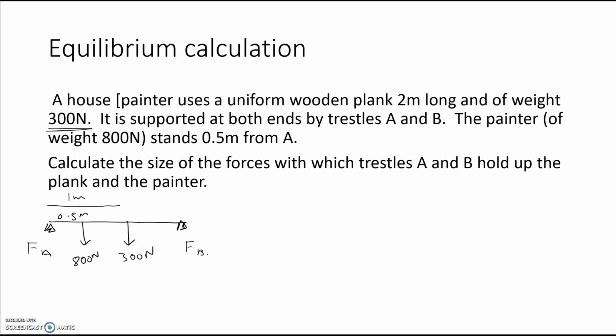So to find the size of the force on the pivot B, we need to take the moments about pivot A, and at that point at B, the force A produces no torque because it's acting through A. So there's no distance in that sense there.